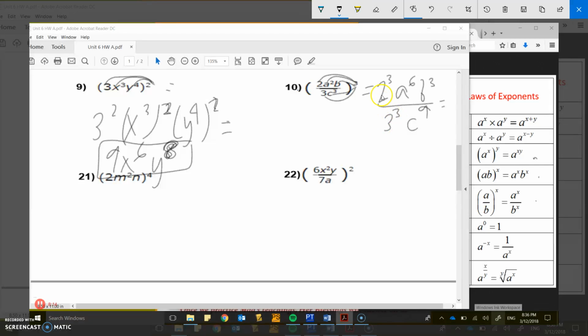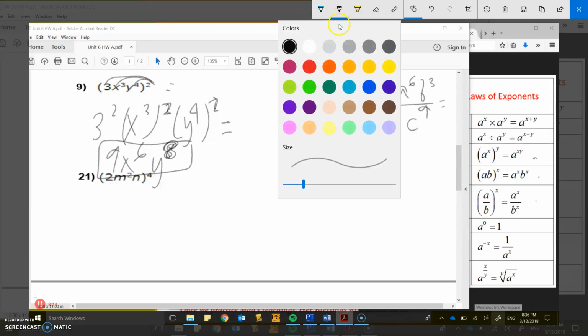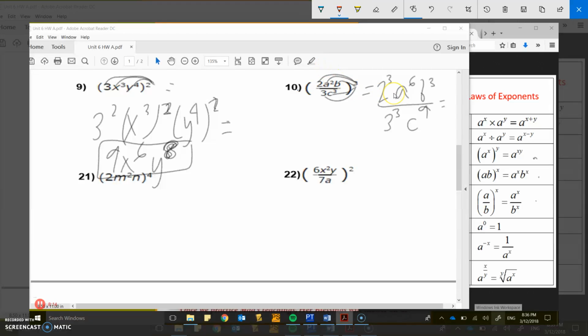So 2 cubed becomes, I will do this a little bit different, 2 times 2 times 2. Well, 2 times 2 is 4, and then 4 times 2, 8. That's the number one mistake. People just want to say 6, 2 times 3, 6. No. 2 cubed is saying 2 times 2 times 2.